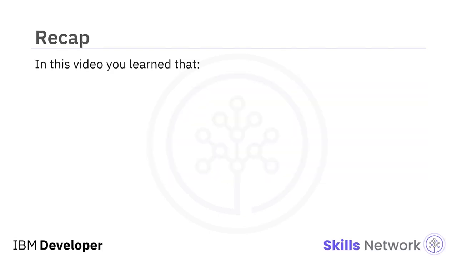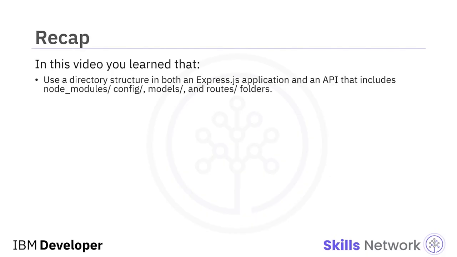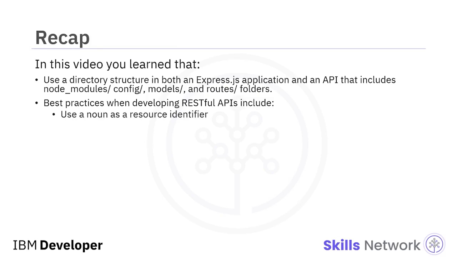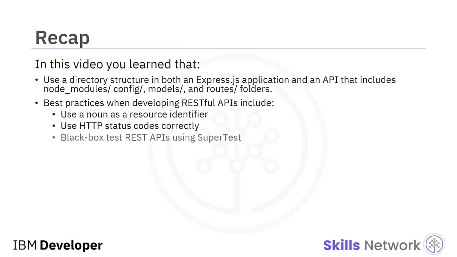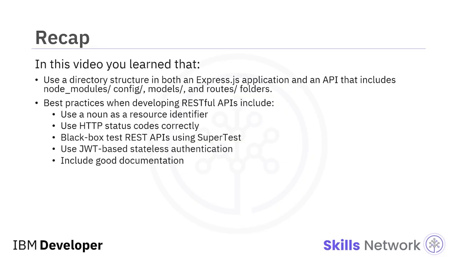In this video, you learned to use a directory structure in both an Express.js application and an API that includes Node modules, config, models, and routes folders. Best practices when developing RESTful APIs include use a noun as a resource identifier, use HTTP status codes correctly, black box test REST APIs using Supertest, use JWT-based stateless authentication, and include good documentation.